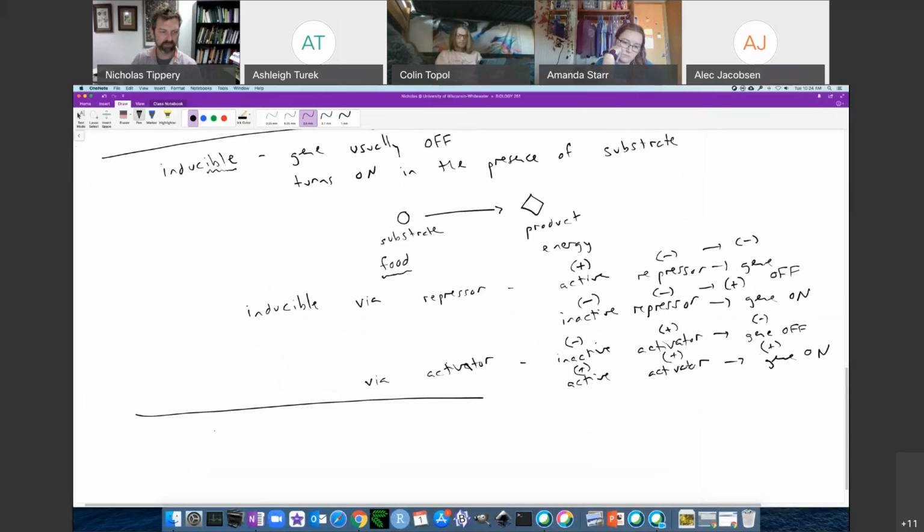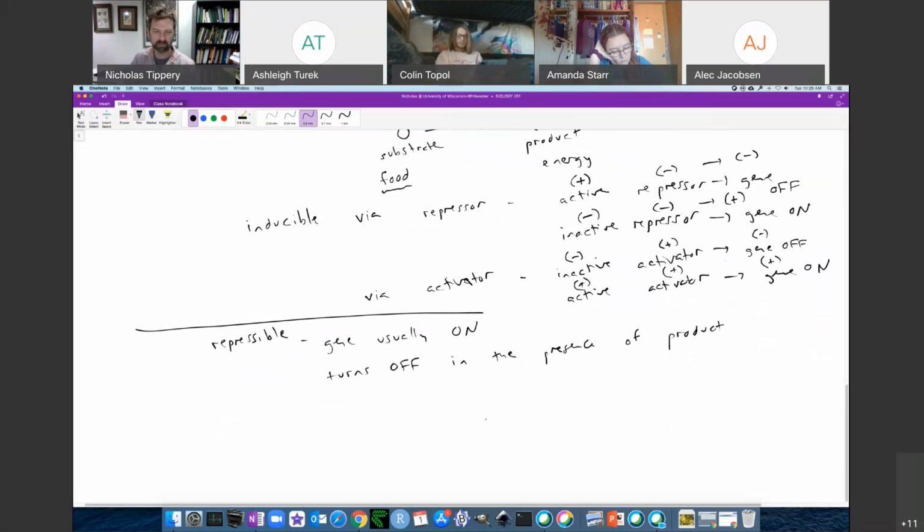We can look now at repressible. So usually on, turns off in the presence of the product.